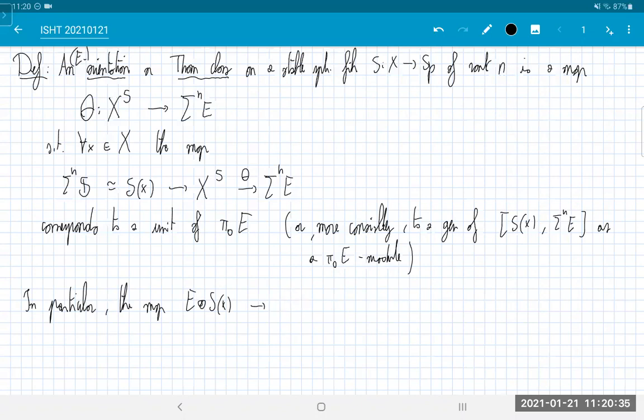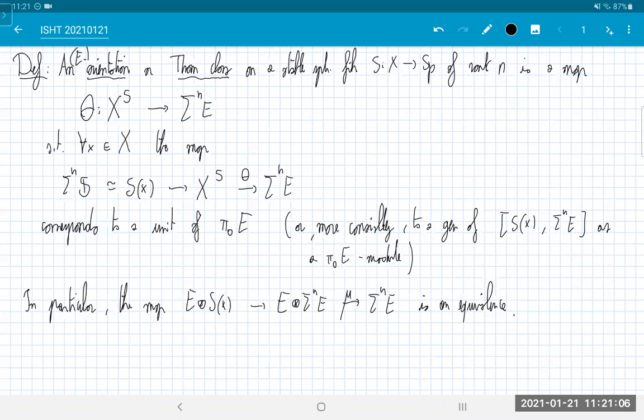So actually, let me write it. Is an equivalence. Which is the important fact. Okay. Is this definition clear?